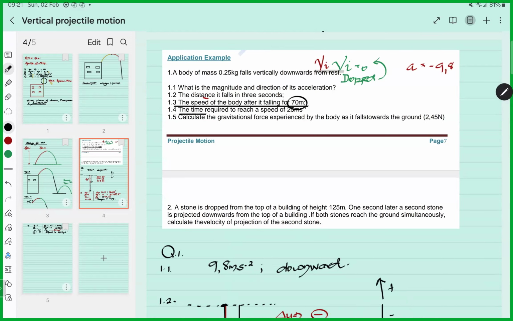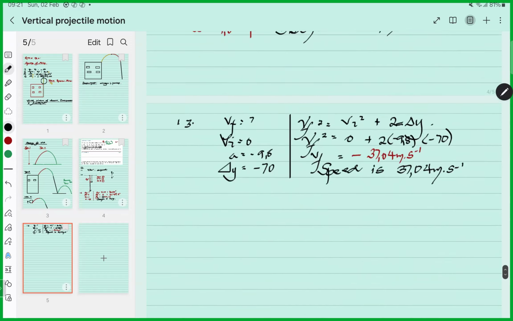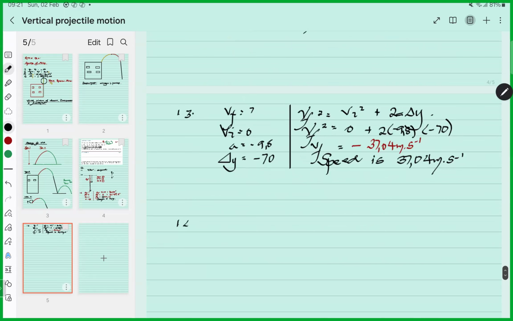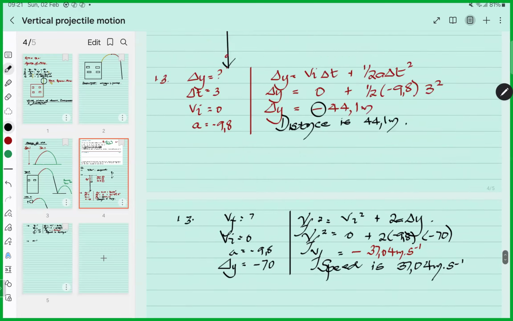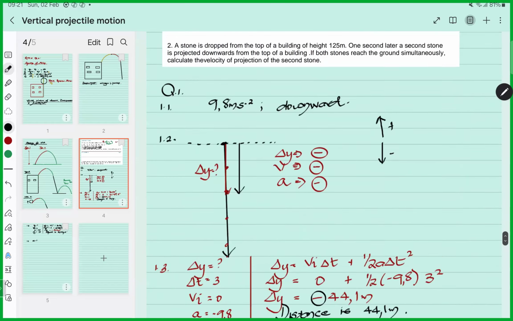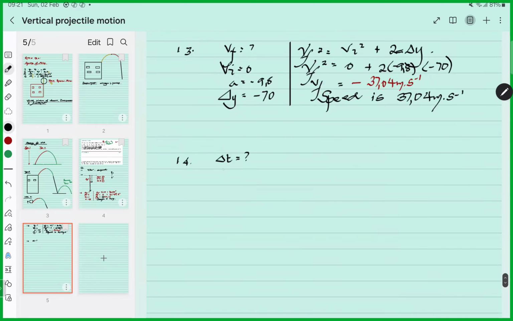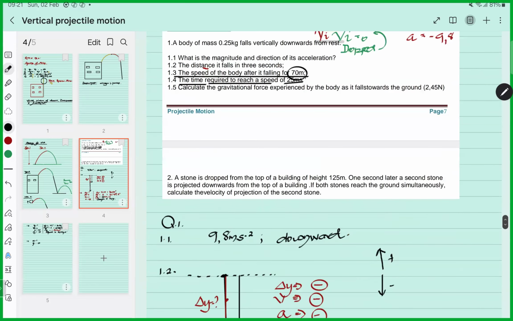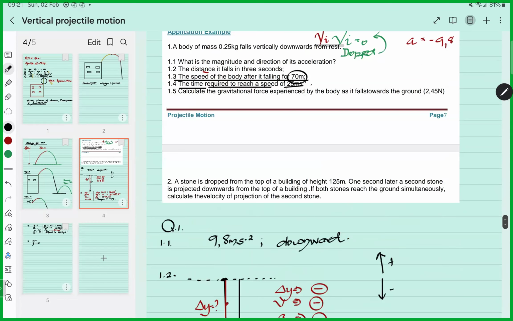So we want to work out delta t. The time required to reach a speed of 25 meters per second. That means you've got your final velocity now to be minus 25 meters per second. Many learners would have forgotten the minus there.